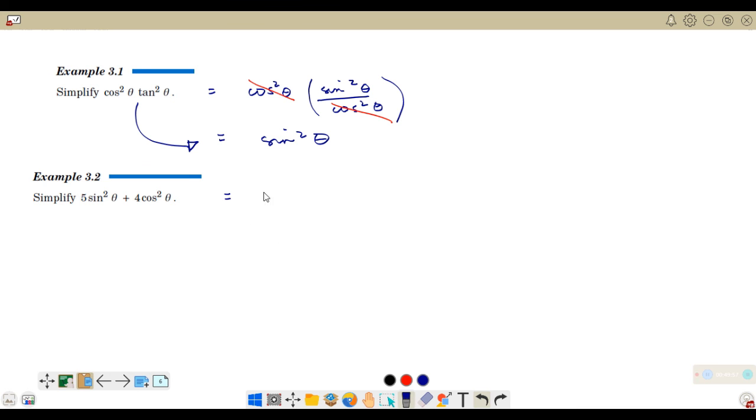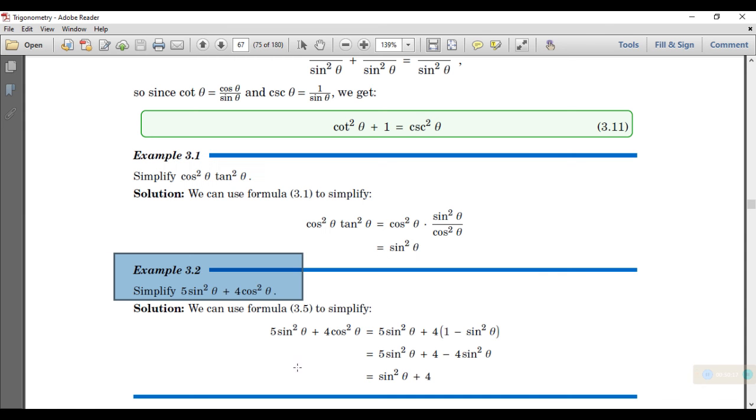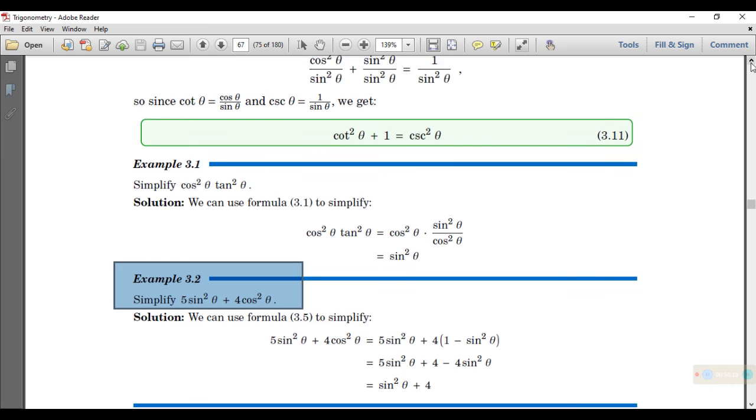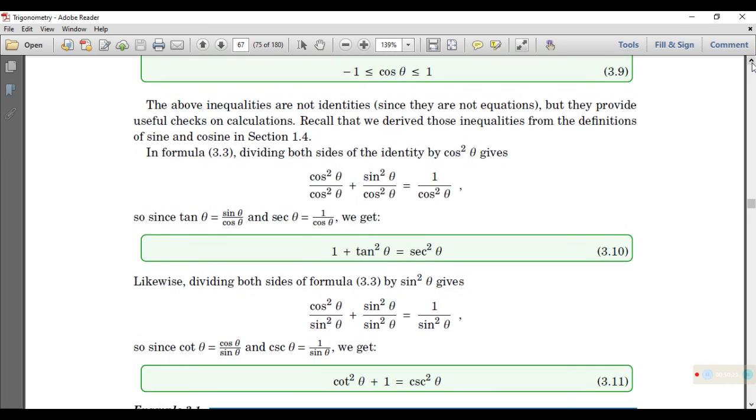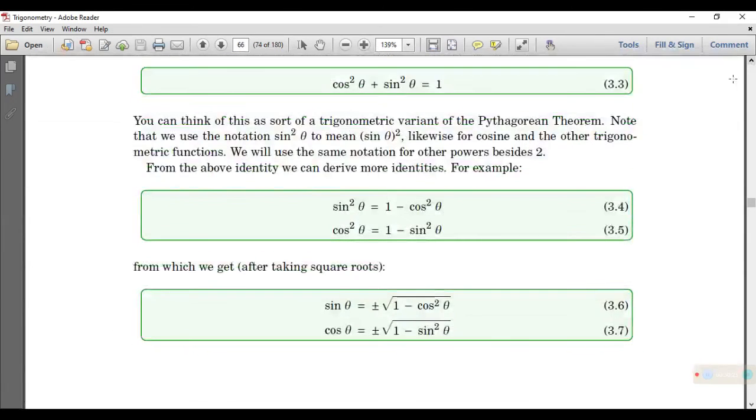Okay. So, 5 sine squared theta plus dito sa kabila, we have 4. Saan equal si cosine squared theta? So, si cosine squared theta ay equal sa 1 minus sine squared theta. Galing siya dito. Nasaan ba yun? Ayan, galing siya dito. Ito. Okay?